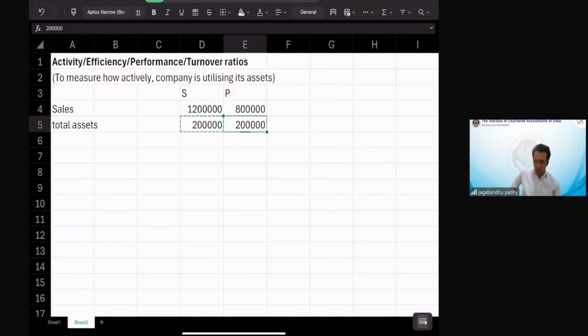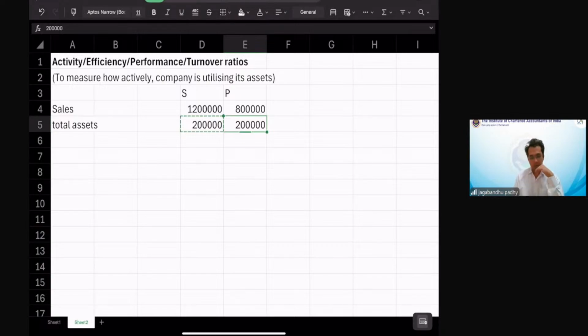Now, can you tell me, out of these two companies, which company is utilizing its assets more efficiently, in a better manner as compared to the other?